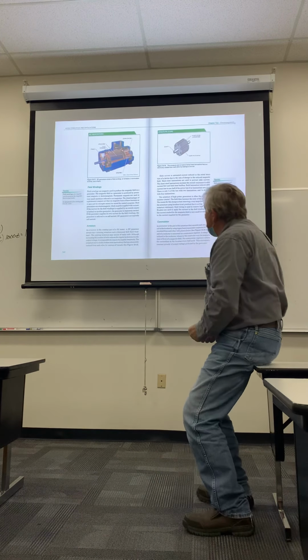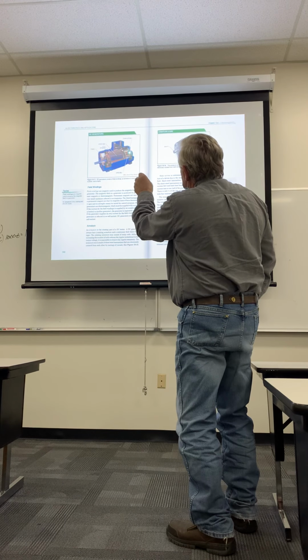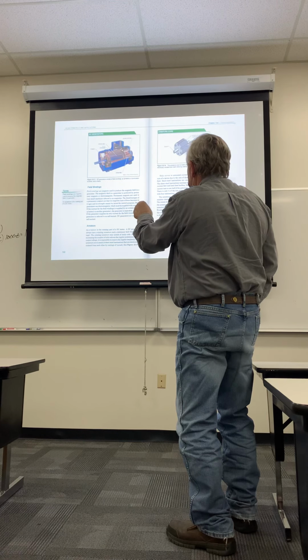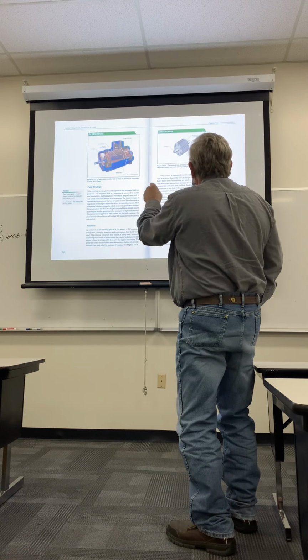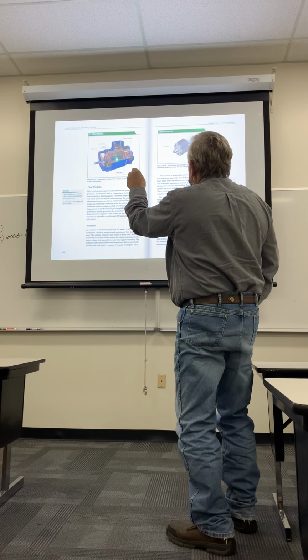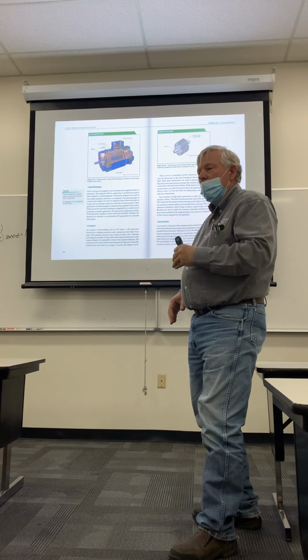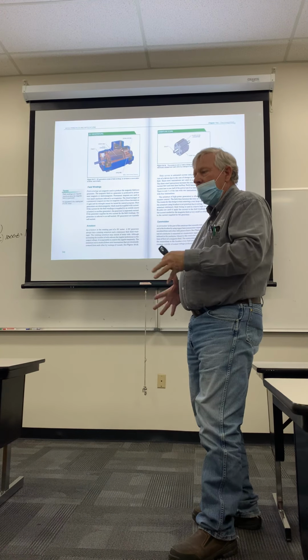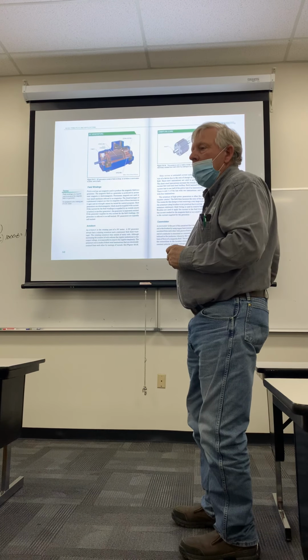This piece is sometimes called the stator, and this is sometimes called the rotor. The stator stays still and the rotor rolls. So that's how I remember that. So armature, field windings, stator, rotor.